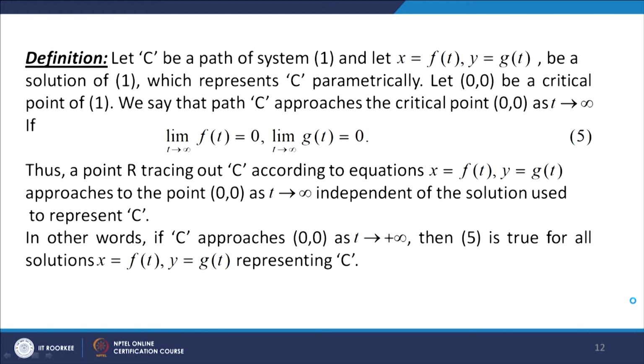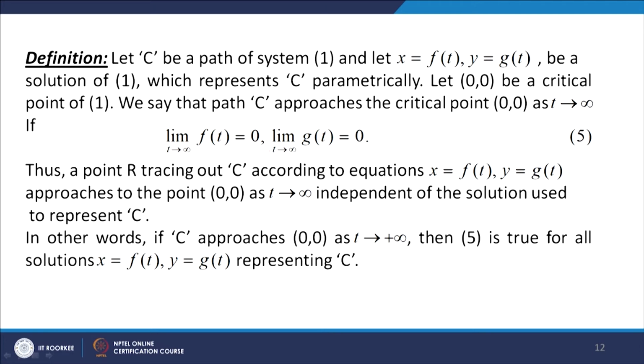Now, we say that the path C approaches the critical point 0 0 as t goes to infinity if limit t goes to infinity f(t) equal to 0 and limit t goes to infinity g(t) equal to 0. Thus, a point R tracing out C according to equations x equal to f(t), y equal to g(t) approaches the point 0 0 as t goes to infinity independent of the solution used to represent C.